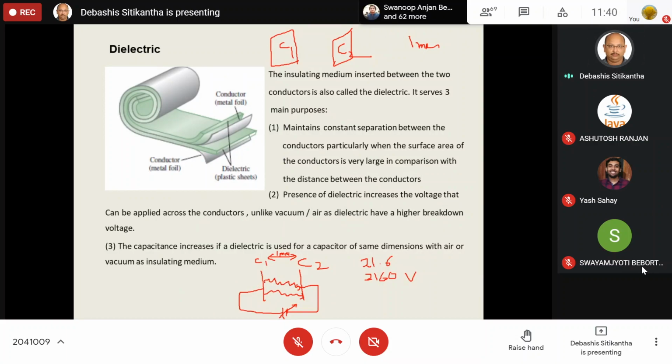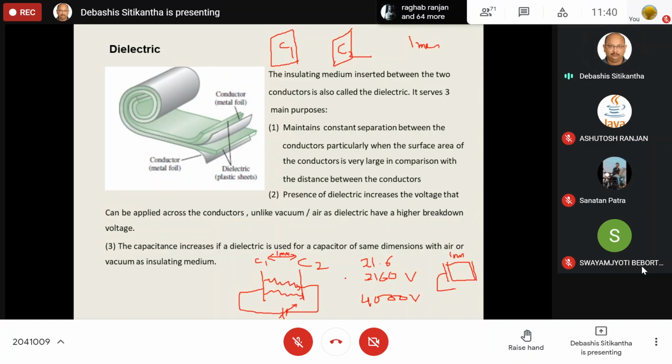But if in place of this, I insert some dielectric medium, let us say some paper over here, paper is also a dielectric, and I maintain the same 1 mm gap, then you will see that even if I am applying around 4000 volt, still there is no flashing or breakdown of the capacitor.